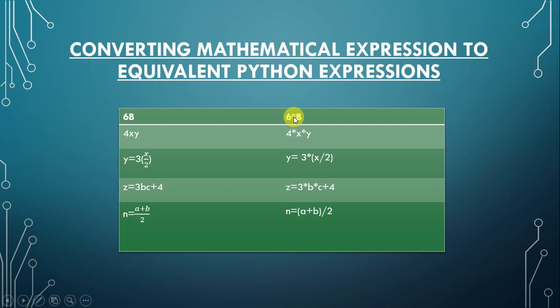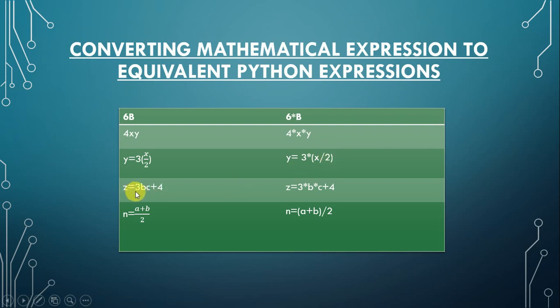The multiplication sign will come in between. 4xy: here x and y are getting multiplied with 4, so it will become 4 * x * y. y equals 3(x/2)... it is a fraction, but this fraction sign is not allowed. In Python we have the division sign for division. So y equals 3 * x / 2.